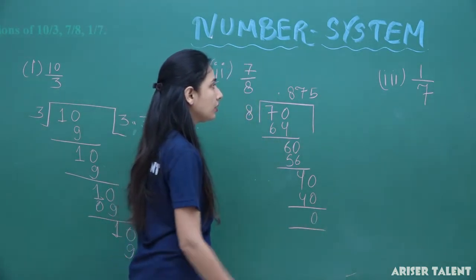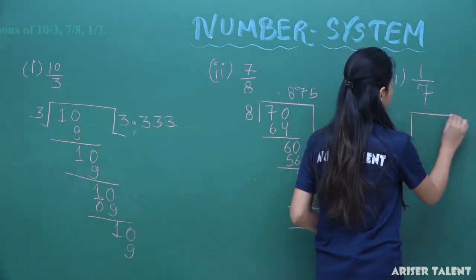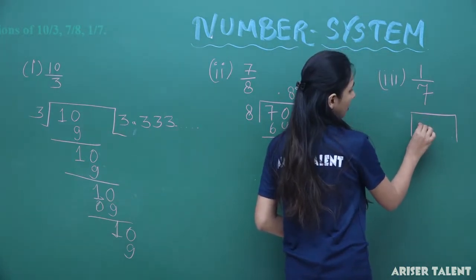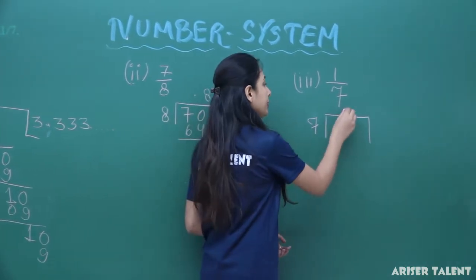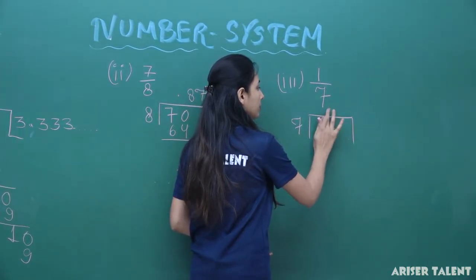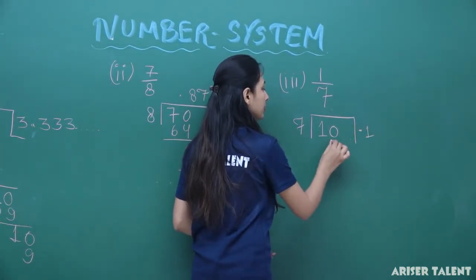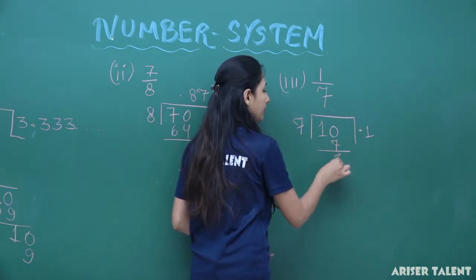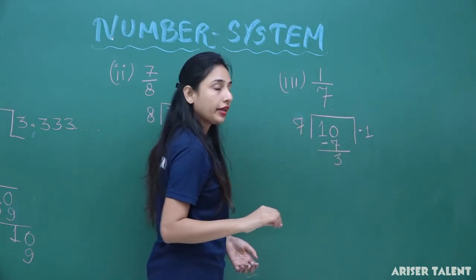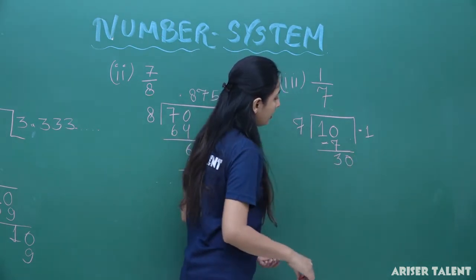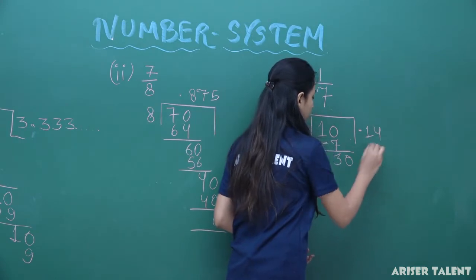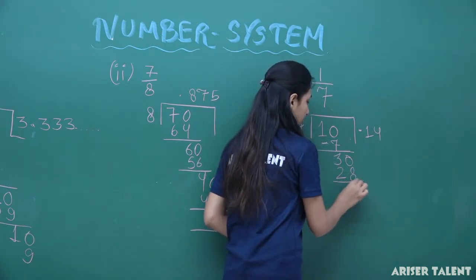Getting some zeros here, 1 by 7, come here, this side, 1 here, 7 here, I will be getting point here. 1 times 7, remaining 3. Okay. Now I will be getting 0 here, then 4 times 7 is 28, 2.